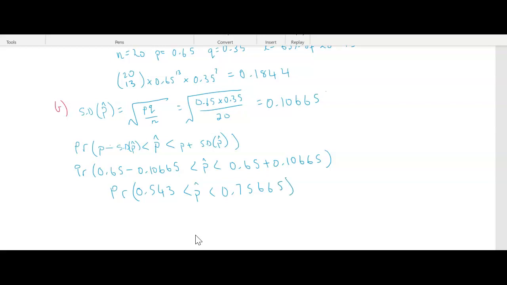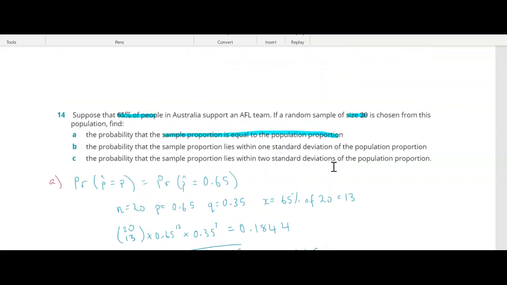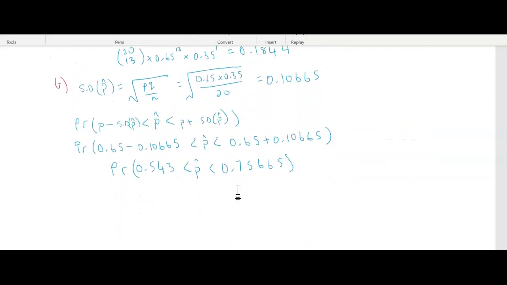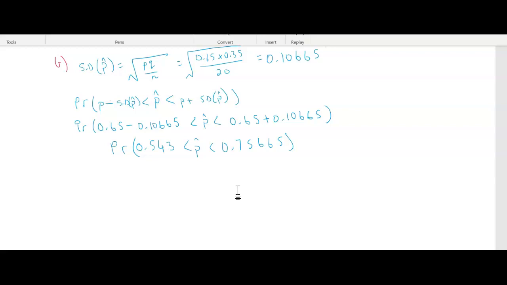Doesn't really matter how many decimal places you're doing, because remember, we've got to think of the context of the question, and we're actually looking at people, so we do need to convert them into integers. So we're looking at a sample proportion, 0.543. So we just multiply that by our population, by 20, to get the number of people.